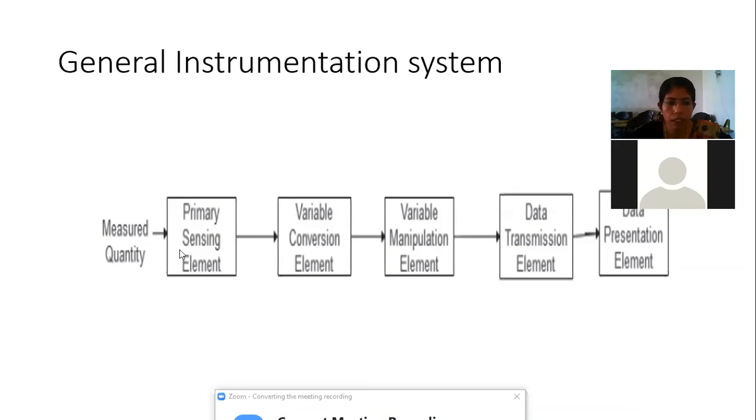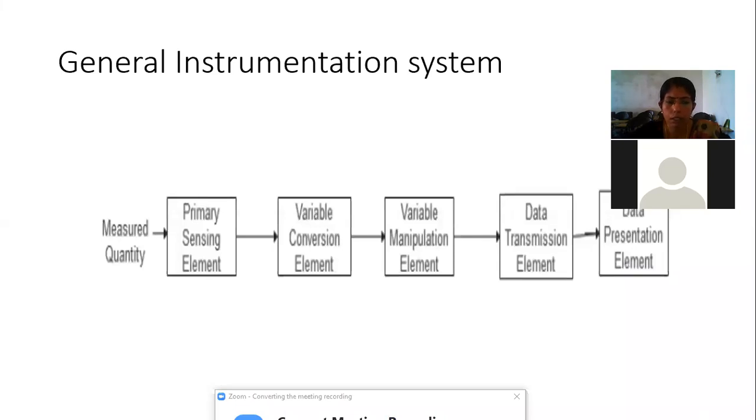The first stage of the instrument is the primary sensing element. The function of the primary sensing element is to accept that unknown quantity, sense it, and convert it into another form. The unknown measured quantity may be temperature, pressure, voltage, current, or frequency, anything.